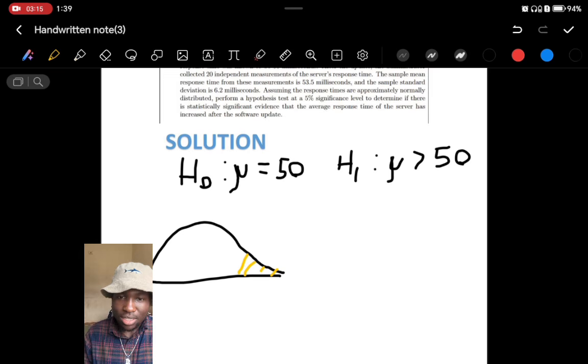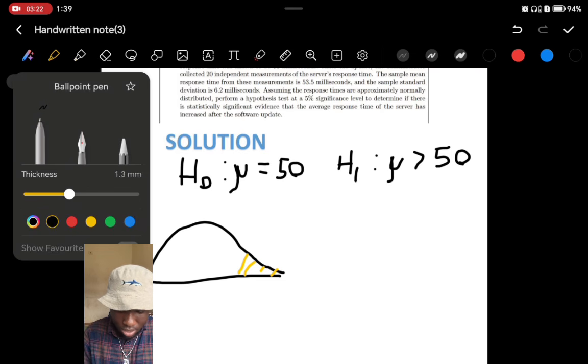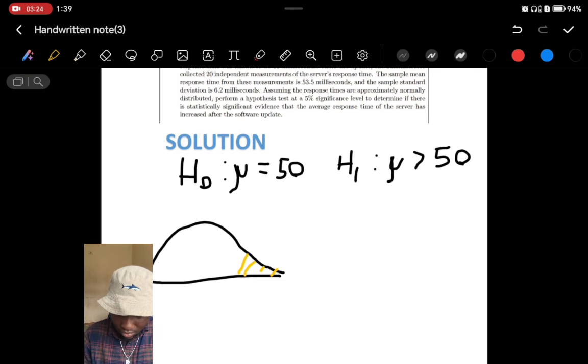How do we do that? First, the degrees of freedom. With n equal to 20 samples collected, the degrees of freedom is n minus 1, which is 19. The significance level is 5%, so that's 0.05.